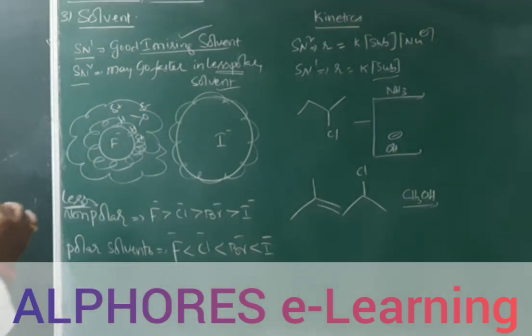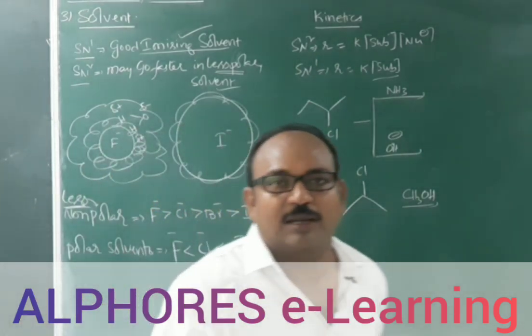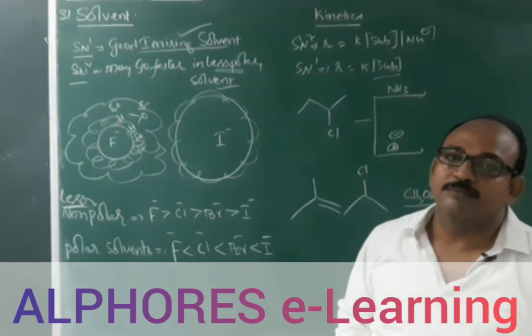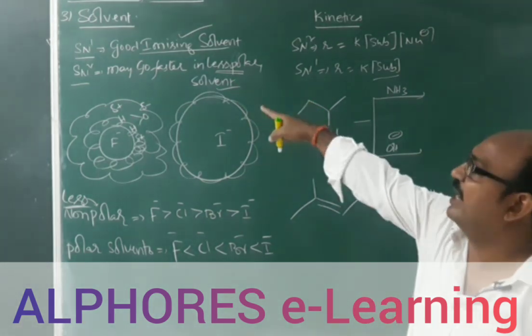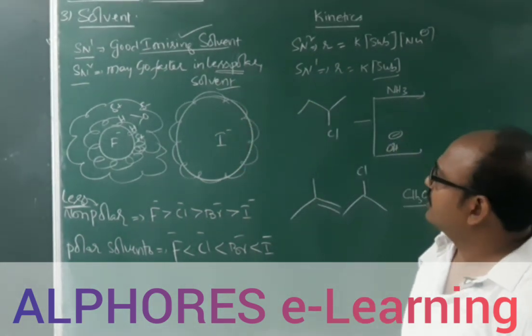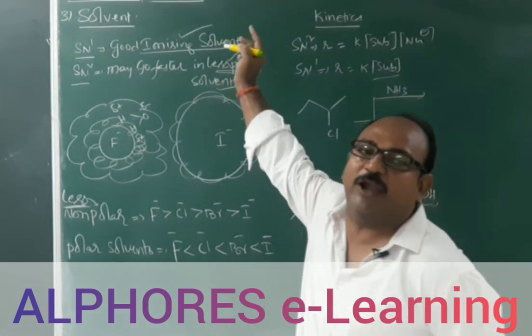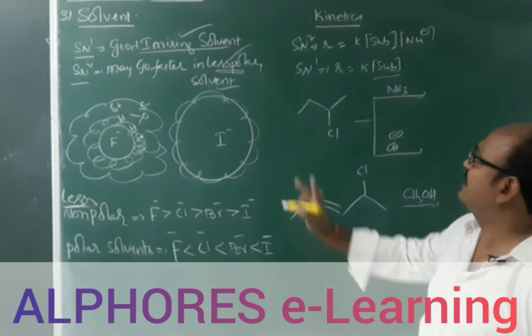So when we change the solvent from less polar to more polar, it influences their nucleophilicity, and the resultant reaction tendency will change. So for SN1 a good ionizing solvent, and for SN2 a less polar solvent; this is fixed.